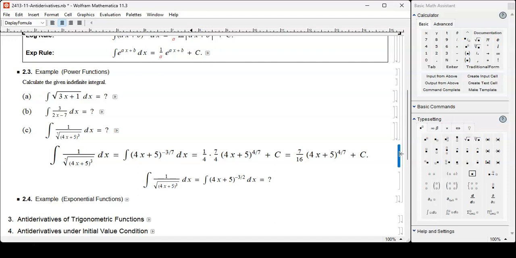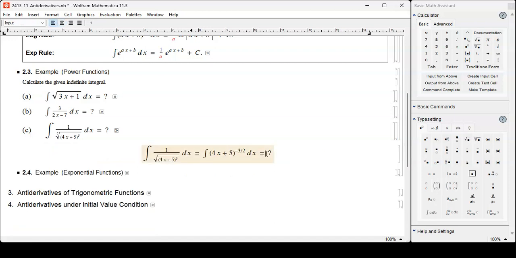What if I adjust a problem like that into square root so that we get negative 3/2 power? Well, the same for x plus 5. Add 1 to the power, so we get negative 1/2 power, right? And then consequently, this will be reciprocal, 2 over 1, negative of that, and that we have 1/4 in order to undo this.